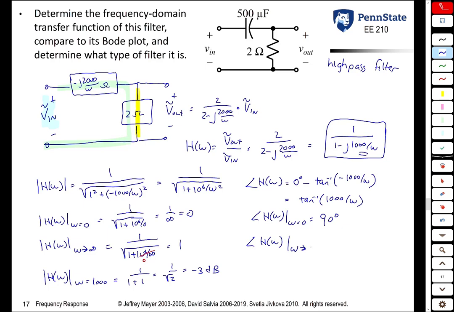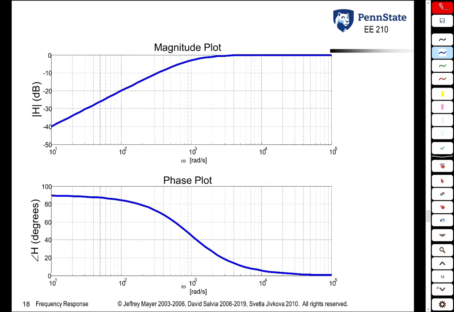When your frequency goes to infinity, now we have the inverse tangent of 1,000 over infinity, inverse tangent of 0. We get 0 degrees. And if we wanted to evaluate it at the break point, 1,000 radians per second, we get inverse tangent of 1, or 45 degrees.